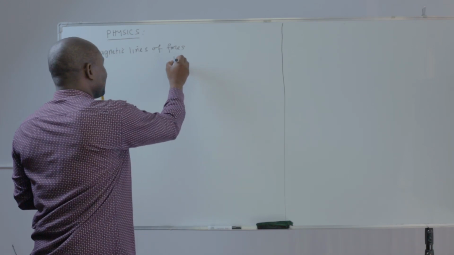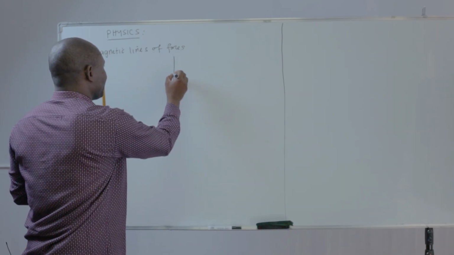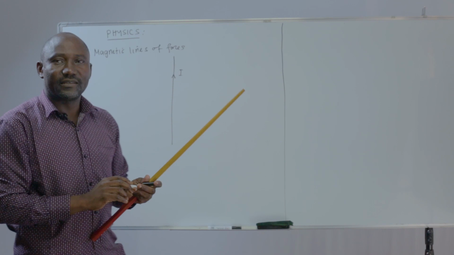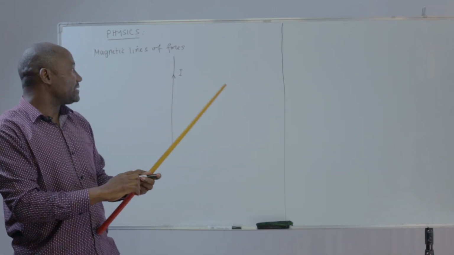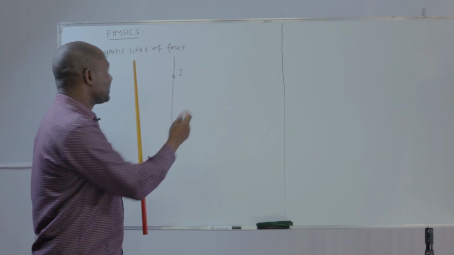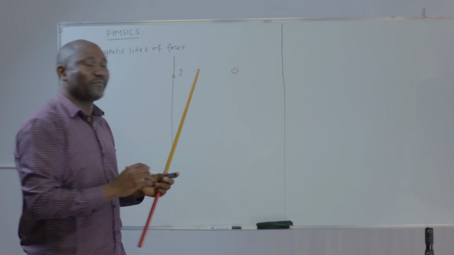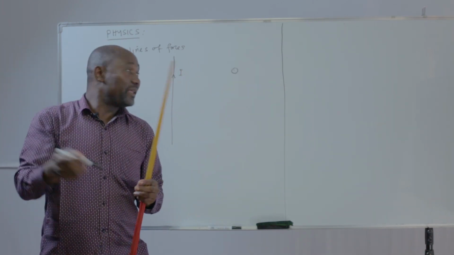So we have a wire. The current is flowing out of the plane. Sometimes we use a dot for current which is flowing out of the plane.